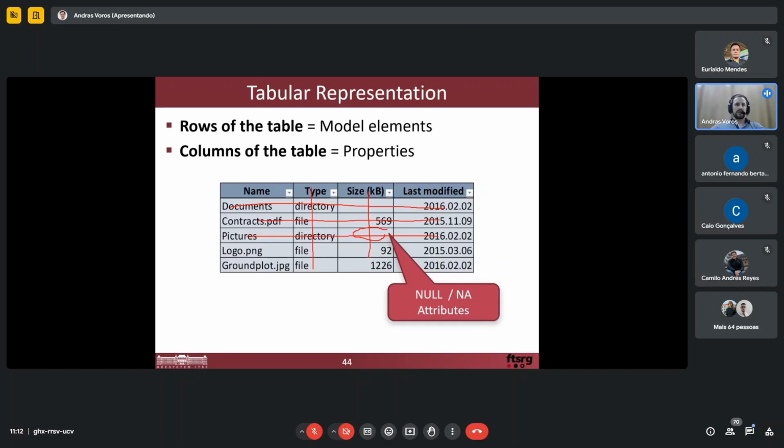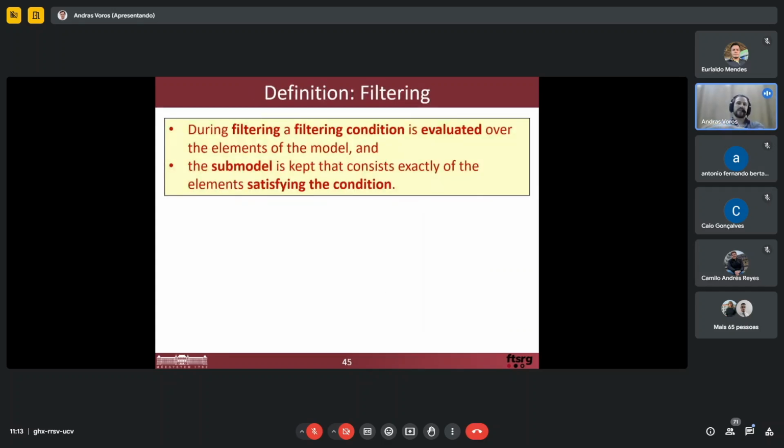And in this tabular representation, it is very easy to use operations. And what kind of operations can I think of? One is filtering. During filtering, a filtering condition is evaluated over the elements of the model, and the submodel is kept that consists exactly of the elements satisfying the condition.